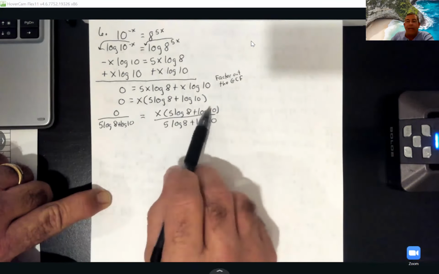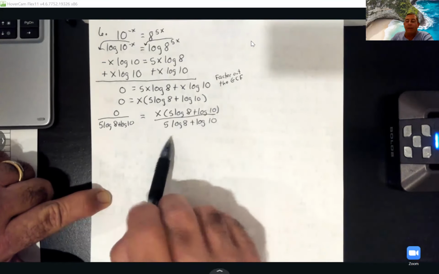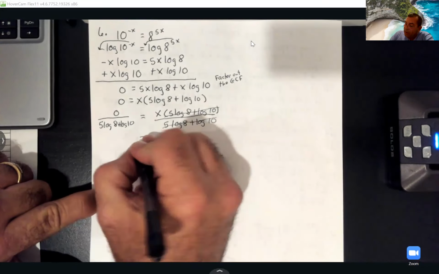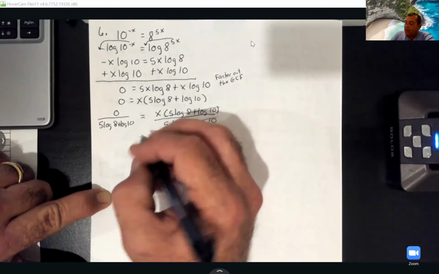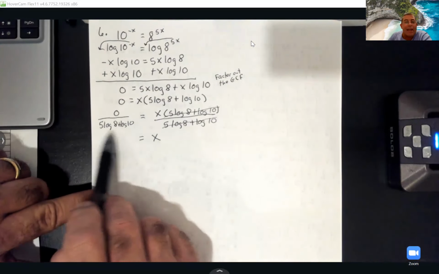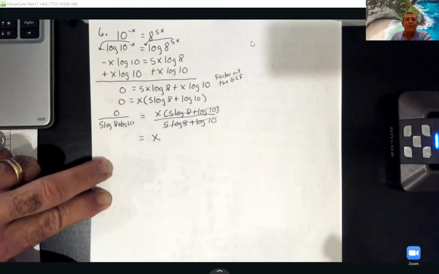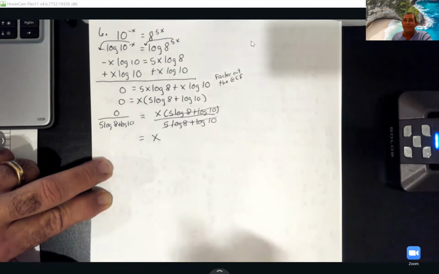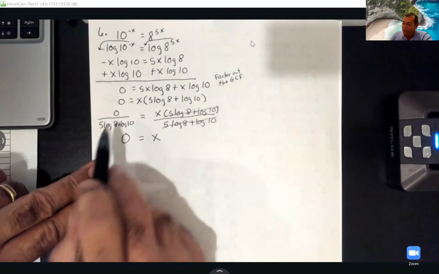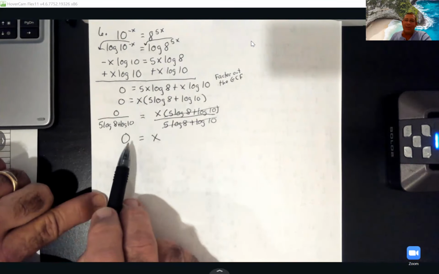So look here, this stuff cancels now. All that's left is the x. Now think about this. What is 0 divided by all this equal? 0. 0 divided by anything will be a 0.